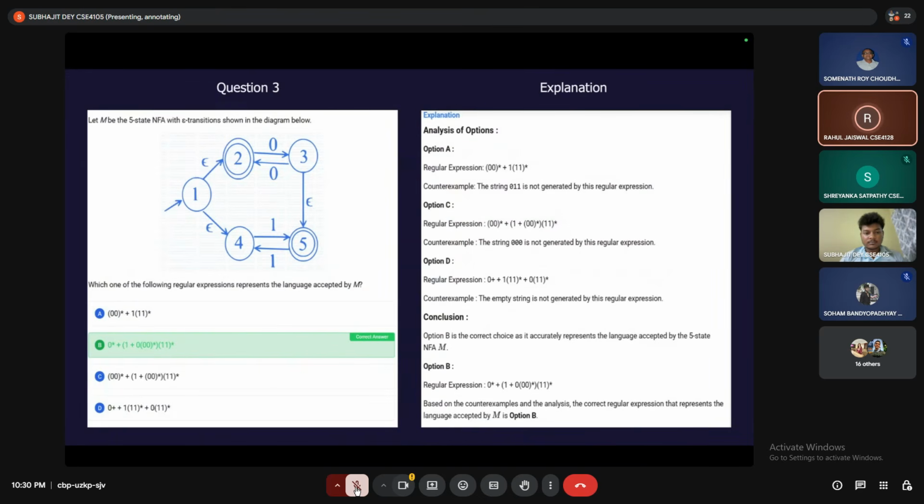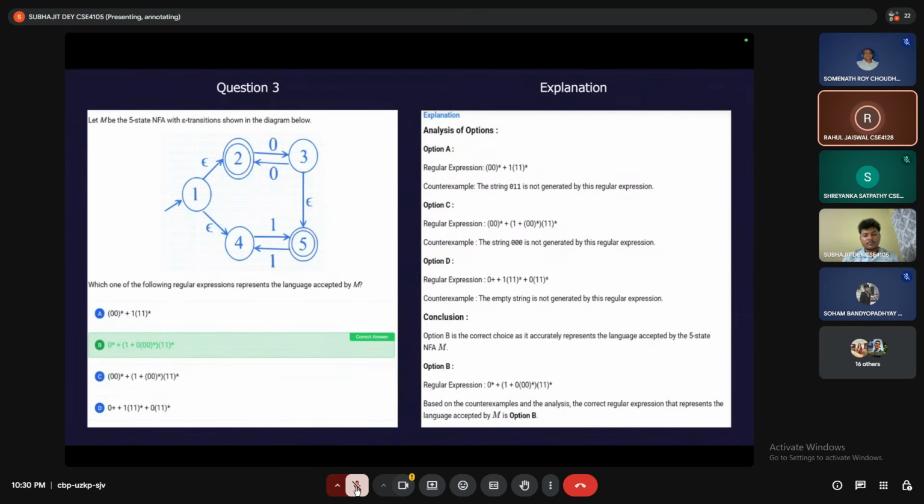So sir, the next question we got is a 5-state NFA with epsilon transitions shown in the figure. If we go by the options, we look at the regular expressions. For the first option, the string 011 is not generated by the regular expression, so we can eliminate this option. Now option D: the regular expression includes the empty string, which is not generated by this NFA, so we can eliminate this as well.